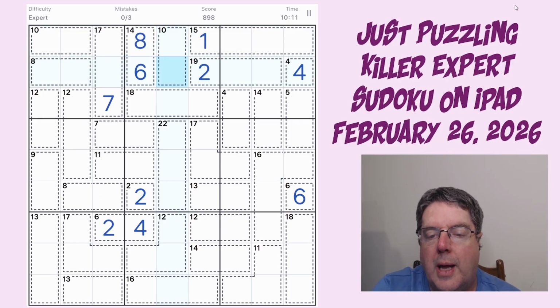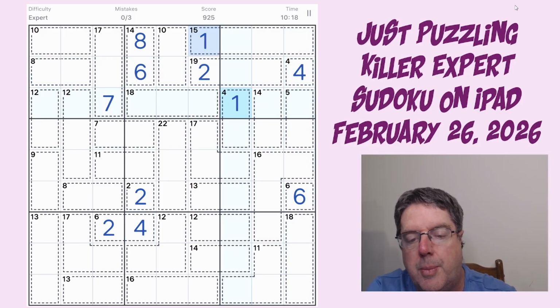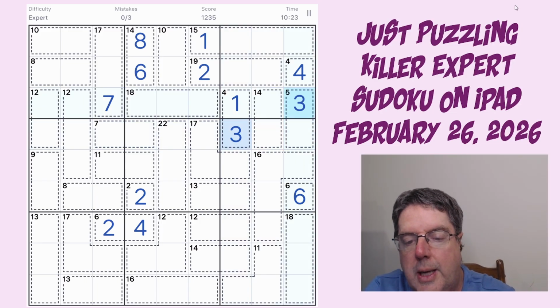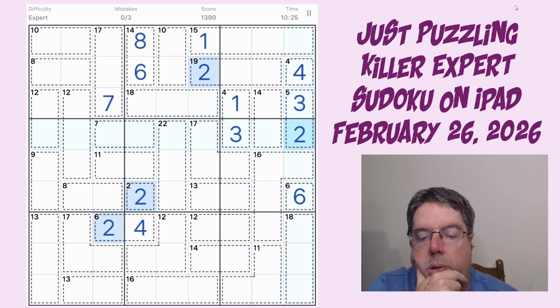Okay, 1 can't be in this row, 1 can't be in this row, 1 can't be there, and 1 can't be there because of the 4 here. So this is a 1 here, leaving this to be a 3. This is 3 and 2, 3 can't be there, so this is going to be a 3 here, leaving this to be a 2.